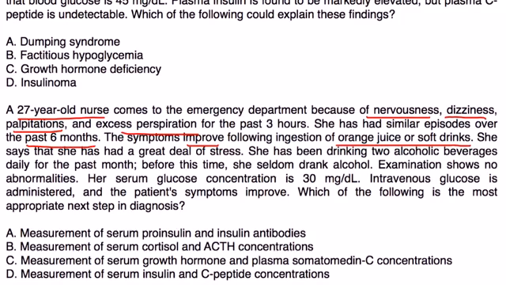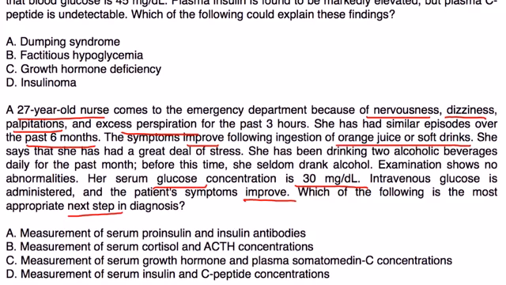She says that she has a great deal of stress. She has been drinking 2 alcoholic beverages daily for the past month. Before this time, she seldom drank alcohol. Examination shows no abnormalities. Serum glucose is 30. IV glucose is administered, and the patient's symptoms improve. Which of the following is the most appropriate step in diagnosis?